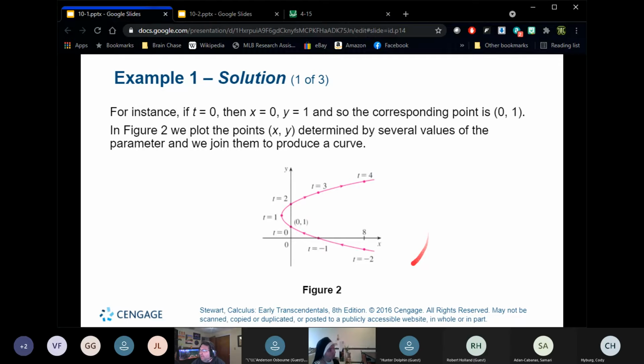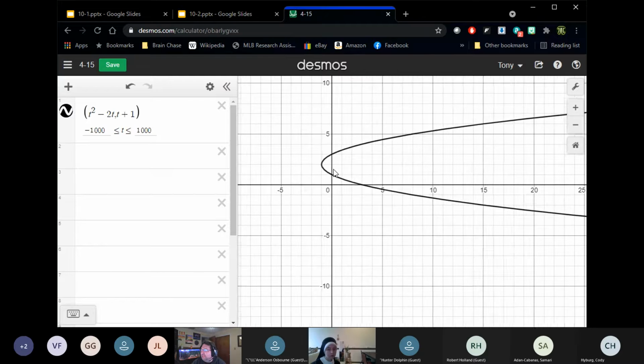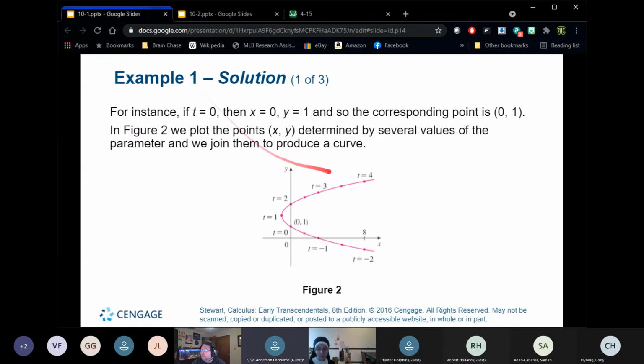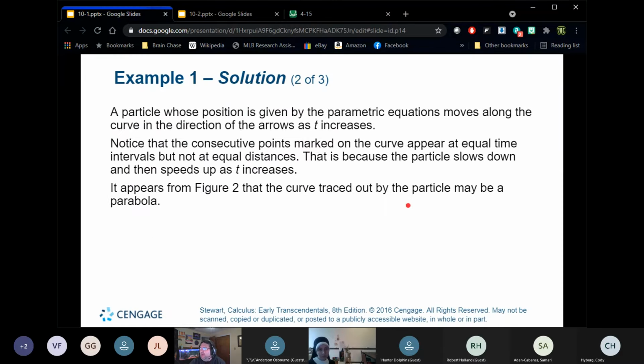That's why, if you notice at the end here, there are no arrows saying that it's going on. It's basically stopping at those points. Does that make sense? All right.